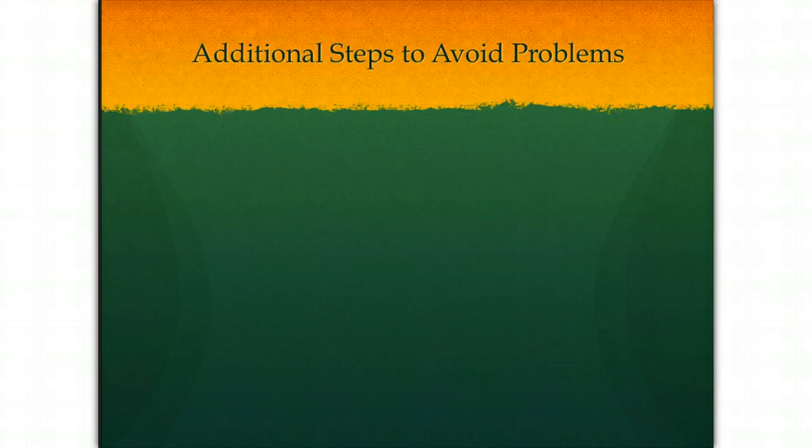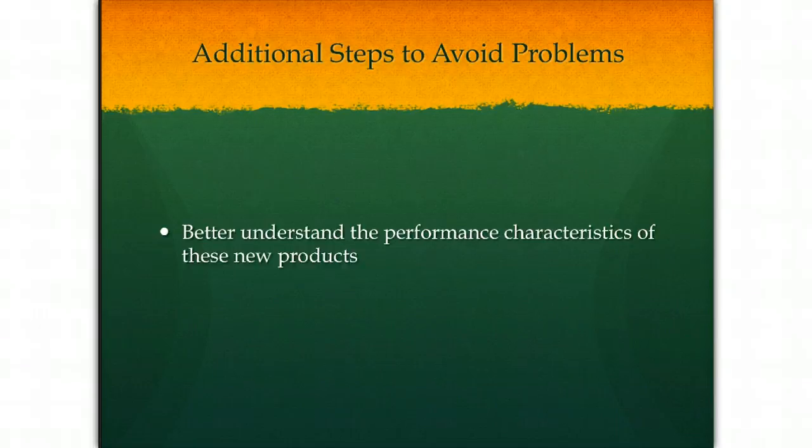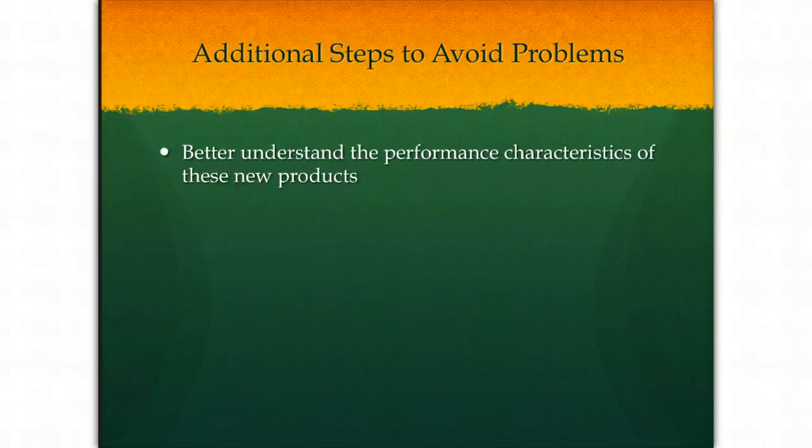The use of these new products mandates that the designer implement several additional steps to avoid problems. Be sure to understand the performance characteristics of these new products. This may require a more rigorous evaluation of these materials than is required with traditional products.